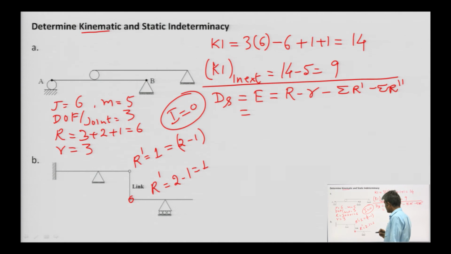Value of capital R is 6, 6 minus 3 minus this one 1 plus minus 1. So, 6 minus 3, 3, minus 1, 2, plus 1, 3 2 1. Static indeterminacy is 1.